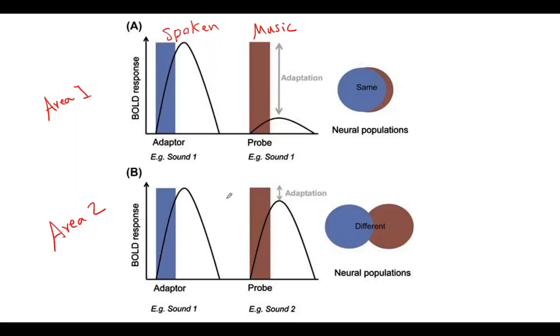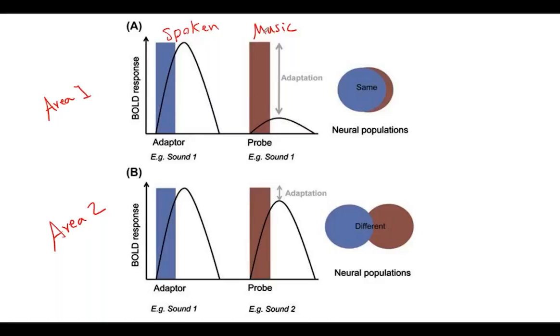What does it mean? It means that whatever area 1 is processing for that stimuli, spoken and music, is the same. So it seems that that area is processing the sound, not something related to the spoken language or music. So this one is considered sound 1, this one is considered sound 2, and because they are the same, there is a habituation.